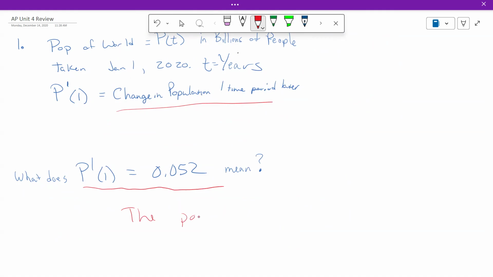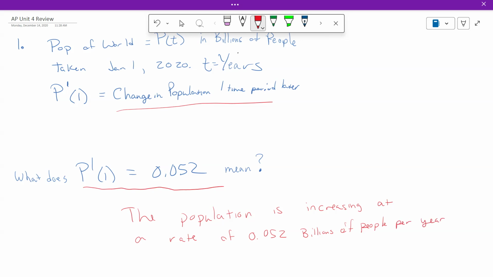The population is increasing at a rate of 0.052 billion of people per year.